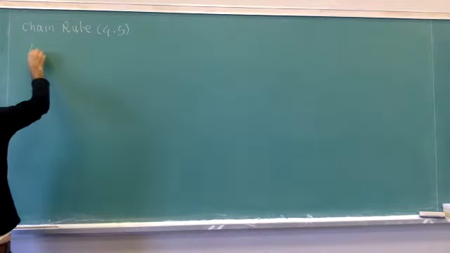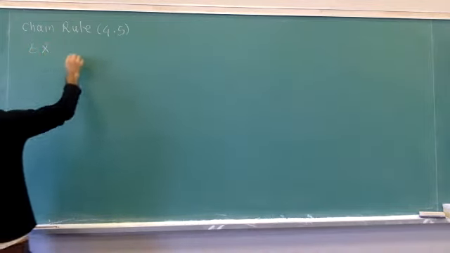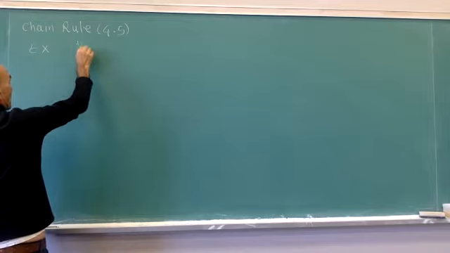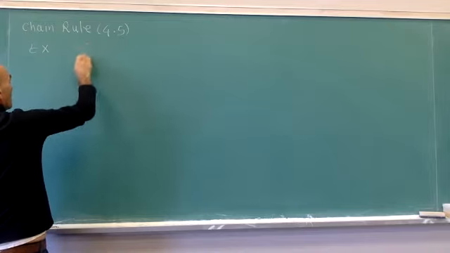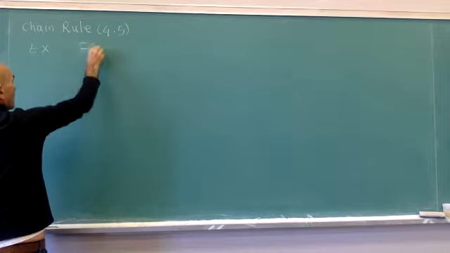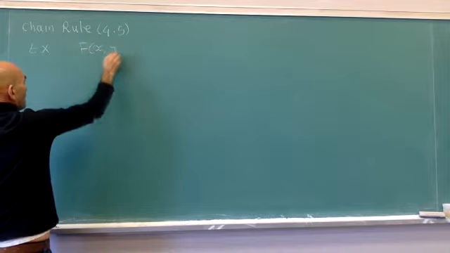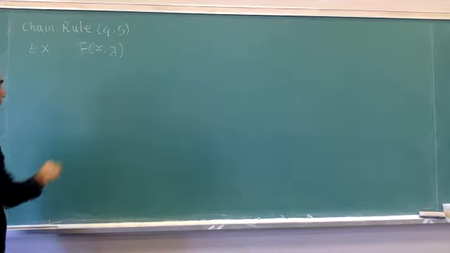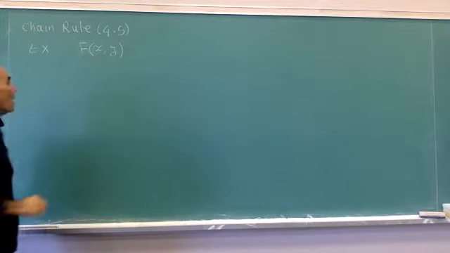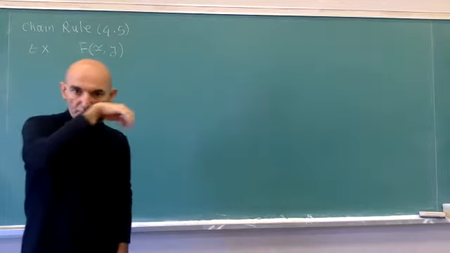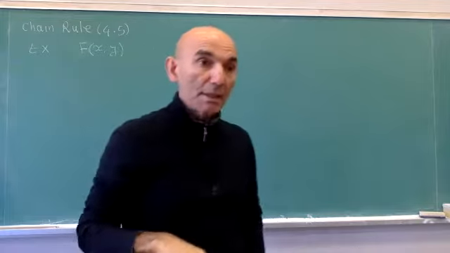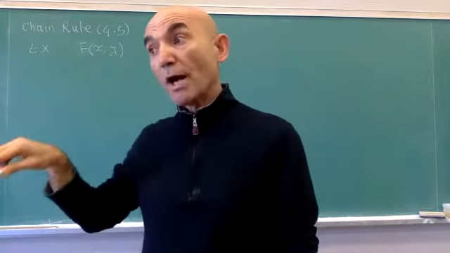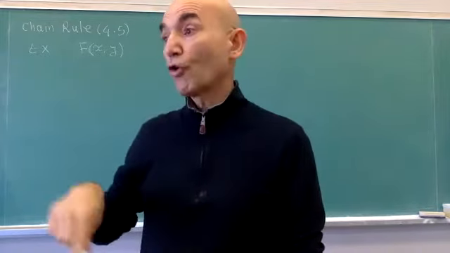So let me start with an example. Imagine you have a function of two variables like F of x and y. A function of two variables given. And imagine x and y individually are functions of t.